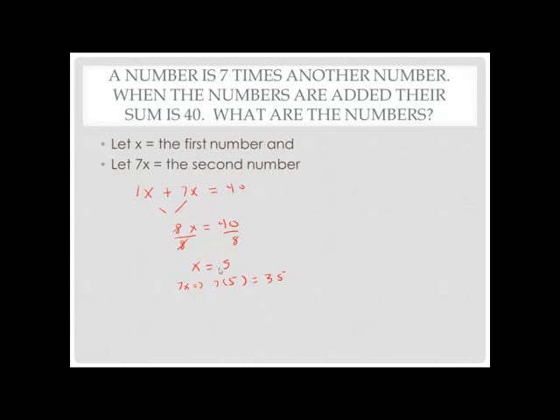So my first number of 5, second number of 35, 5 plus 35 is 40. So those would be my two numbers. So again, you need to make sure you define your numbers first and then set them up in the equation using the information that you're given.